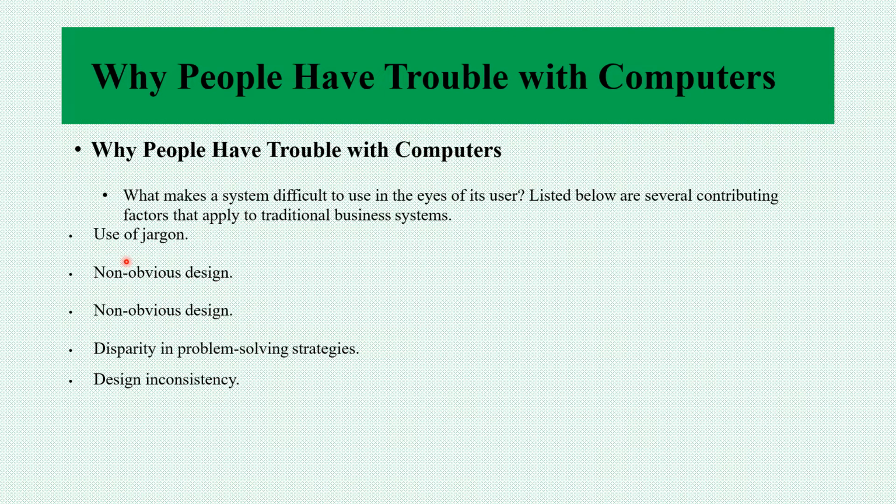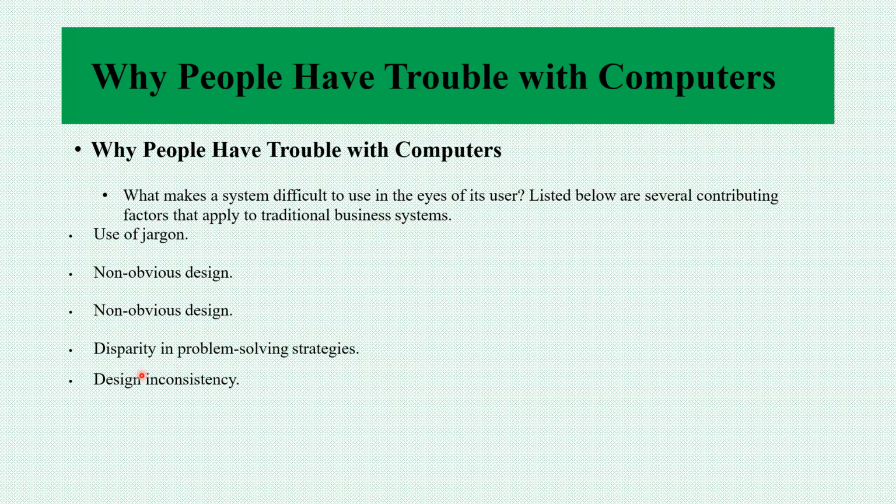And use of jargon. Systems often speak in a strange language, and words that are completely aligned to the office or home environment are used in different contexts, such as file spec, append, segment, boot, etc. So this is one of the problems.